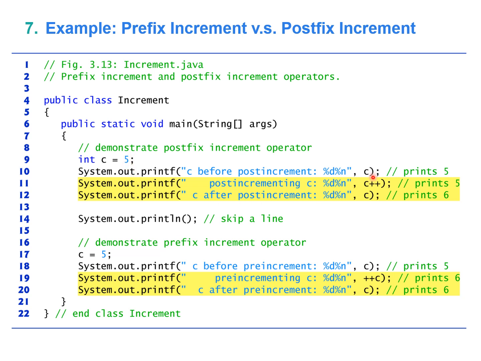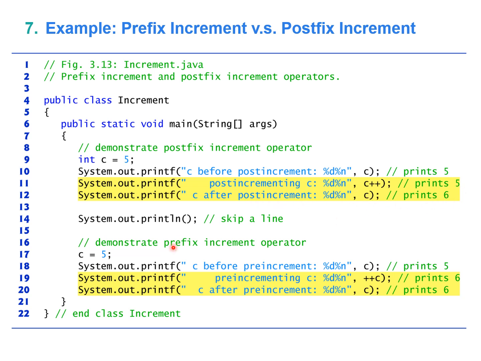And then we print out the value of c before increment, and then we print out the value of the expression c plus plus, which is a post increment. And then we print out the value of c after the increment. So here you see that the value of c before increment is 5, and the value of c plus plus, which is the post incrementing of c, is also 5. And the value of c after the post increment is 6.